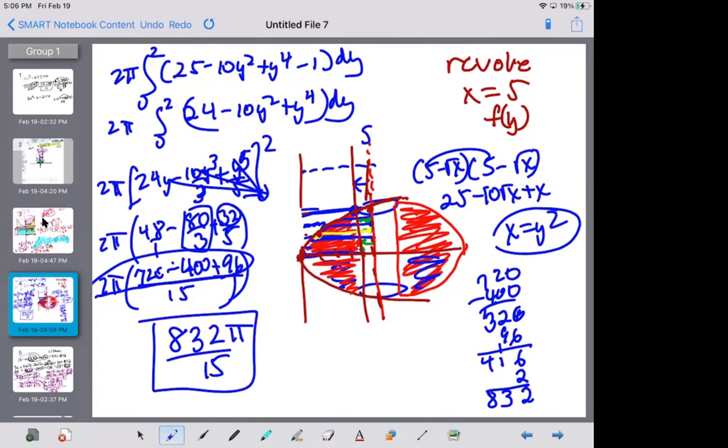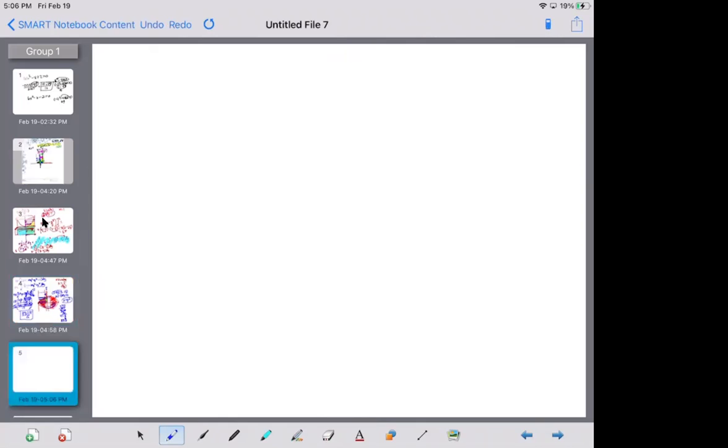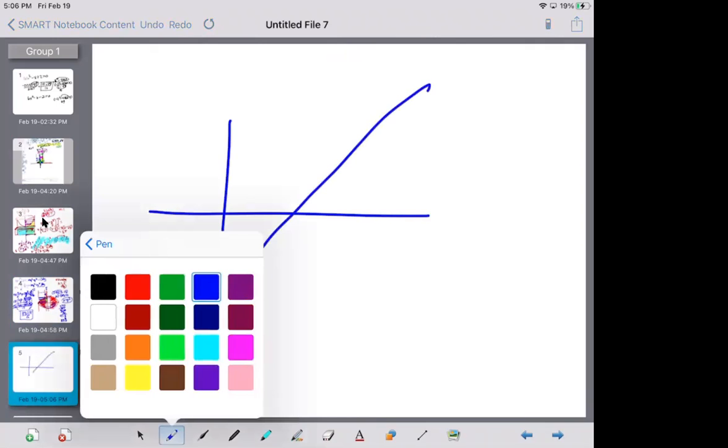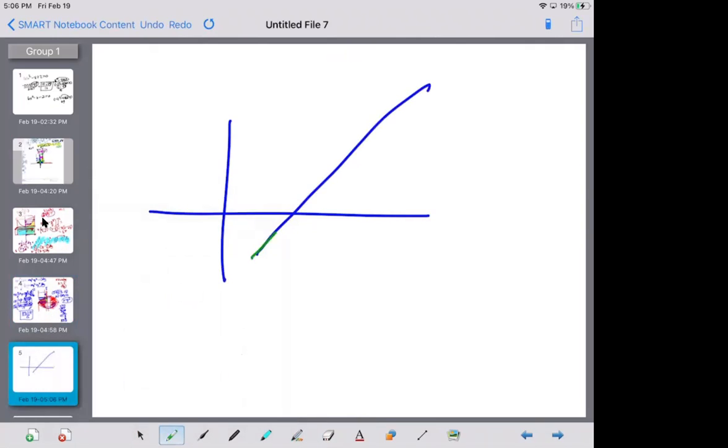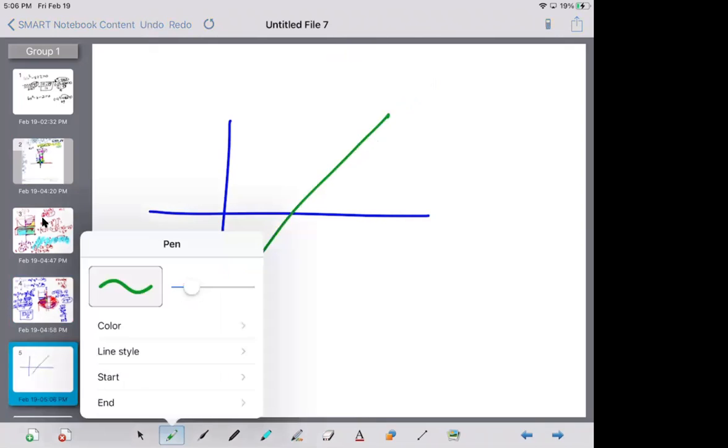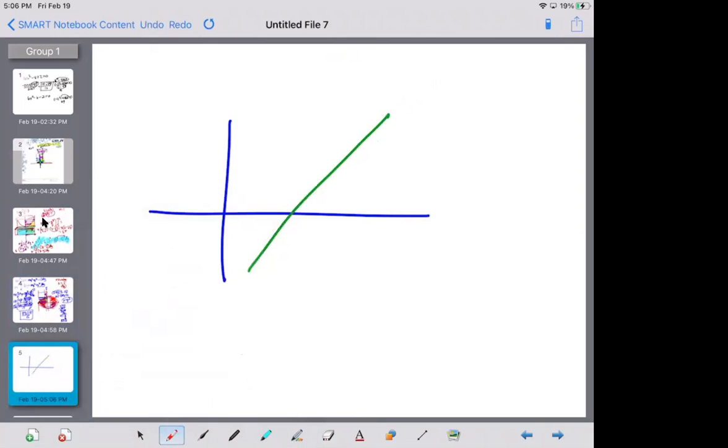All right, so to kind of just talk about what happens with a figure, I did this on the last one, but suppose you had something like this. Let's do it in green. And then in red. Okay. And so you have this region enclosed.